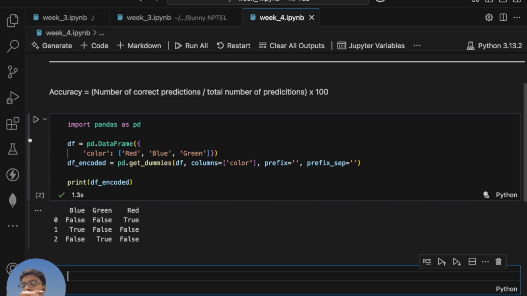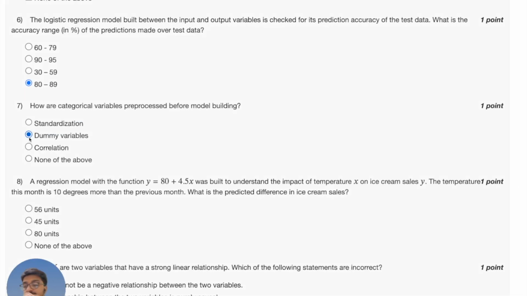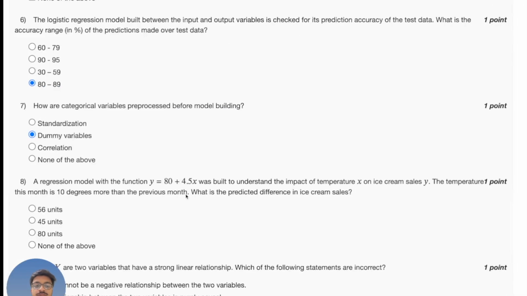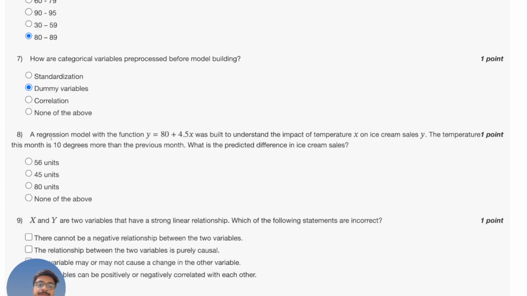Option 3 is correlation, which shows the relationship between variables. Correlation will always show the relationship between variables, and dummy variable is a thing which converts categories into numerical variables. Similarly, we did over here, like get_dummies is a function used in pandas to encode the categories. So this is the one which has been used to encode the categories.